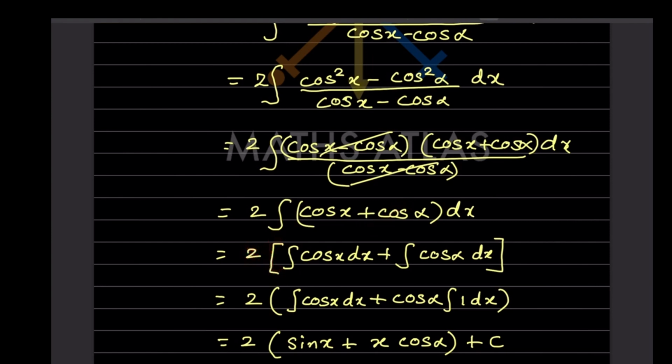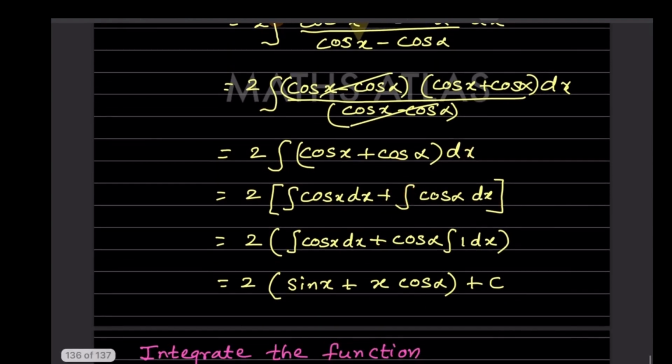Now let us separate this. This into this is one integration, plus this into this, we'll put an integration sign over here. So now 2 integration of cos x dx, plus this cos alpha we can take outside the integration sign, because this is alpha and this is x. What remains inside is 1 dx.